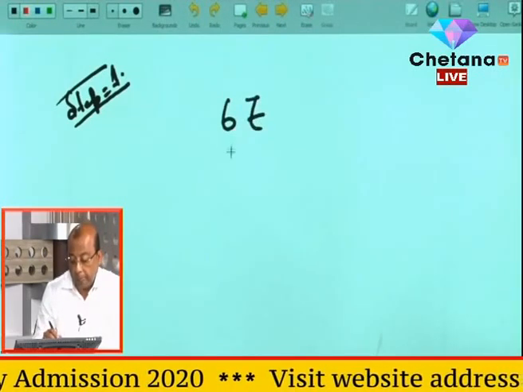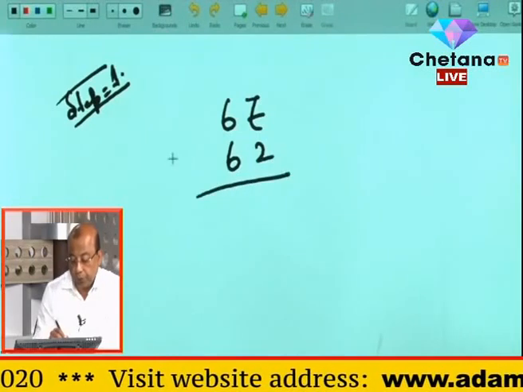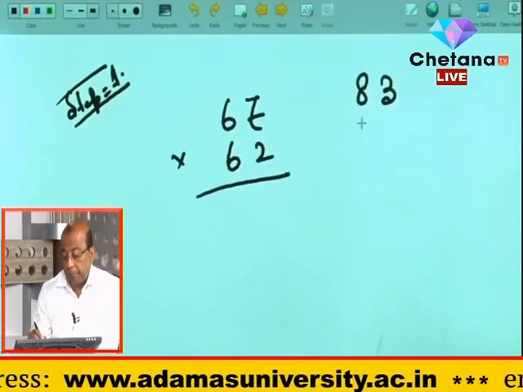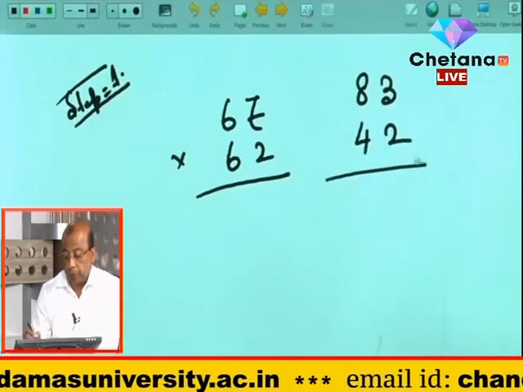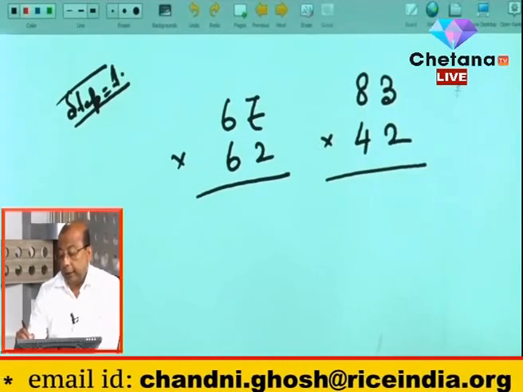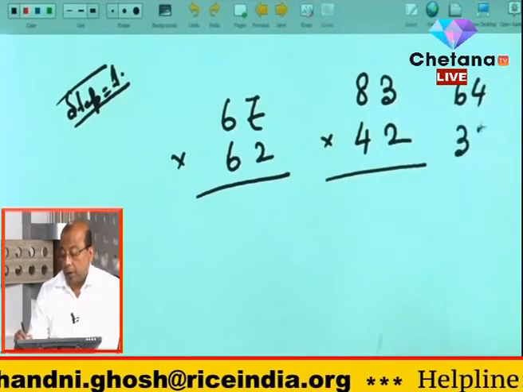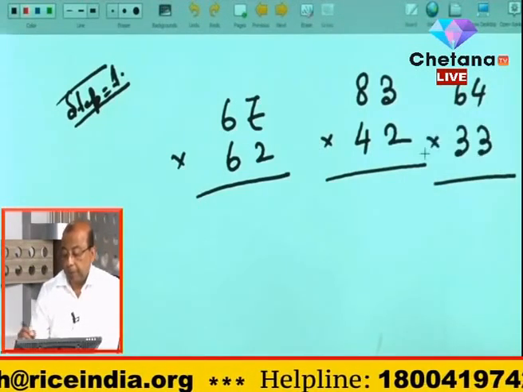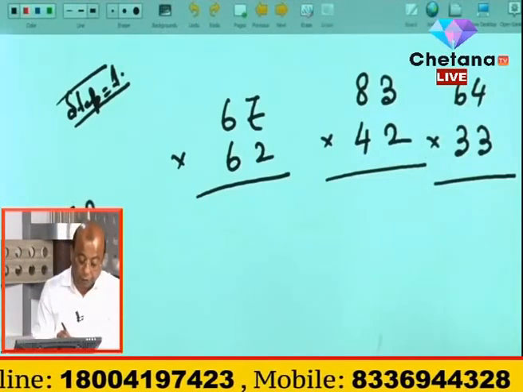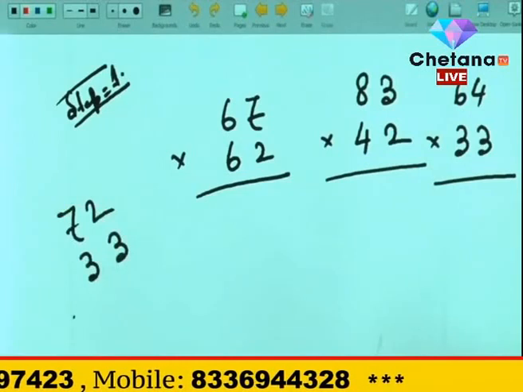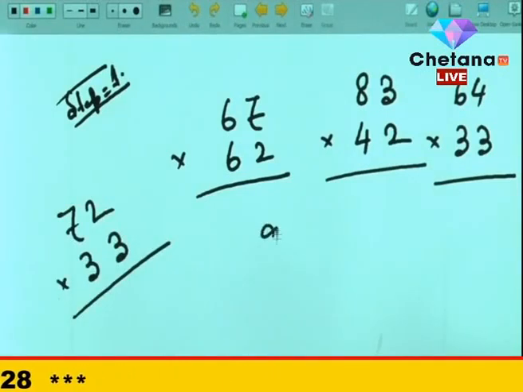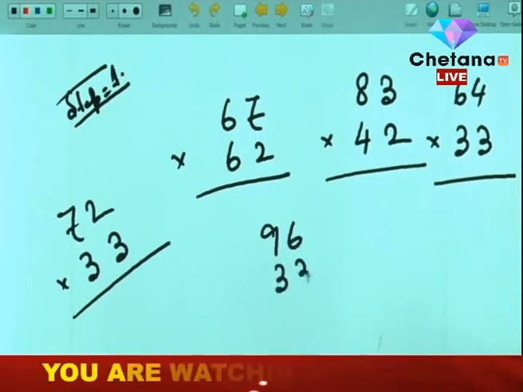67 and 62, 83 and 42, 64 and 33, 72 and 33, 96 and 33.